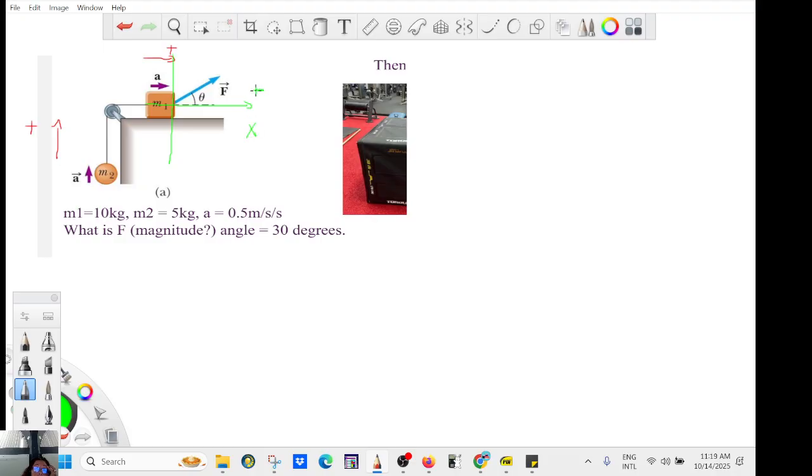I want that to be positive here. And this one has the weight opposing the motion. And this one has an x component here, and the y component we don't care about, but it has a y component.